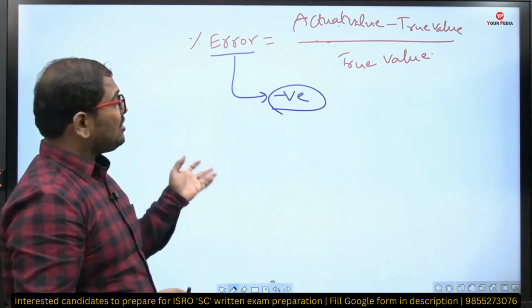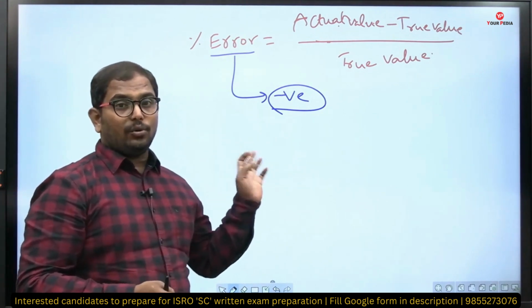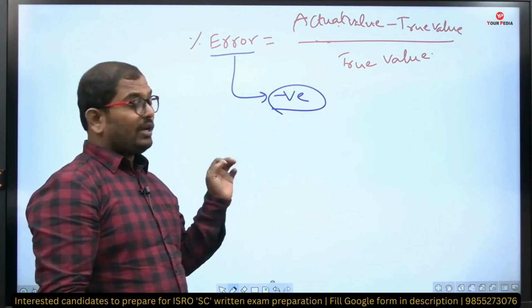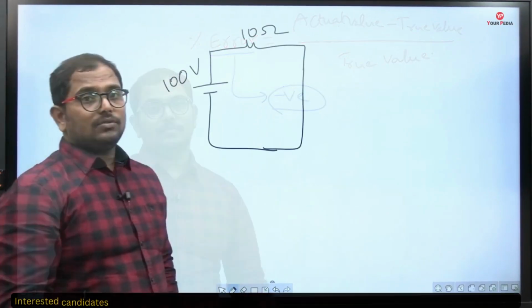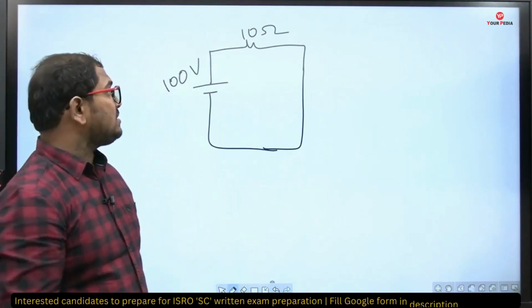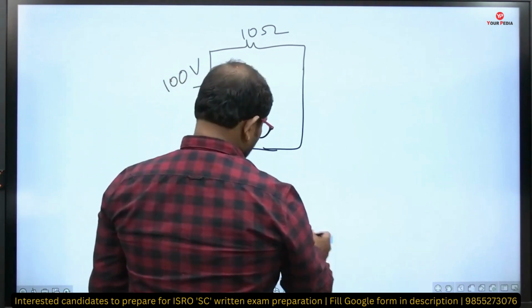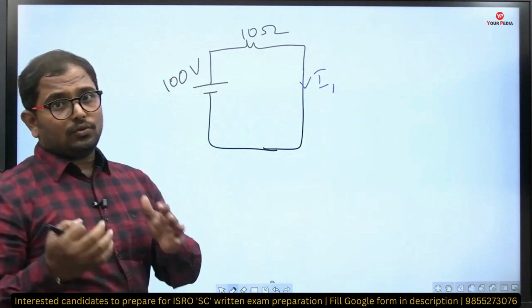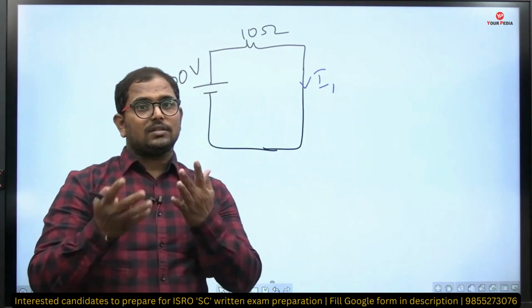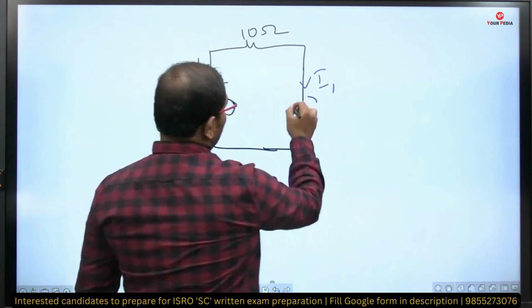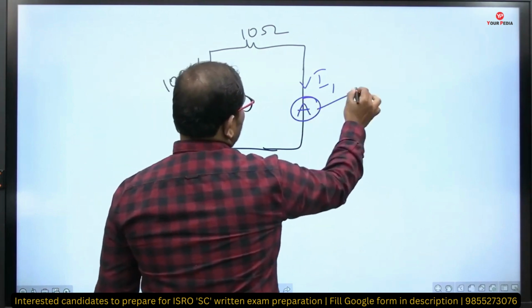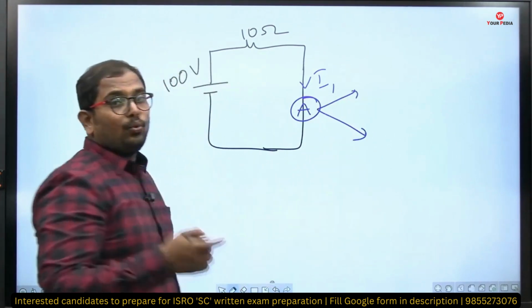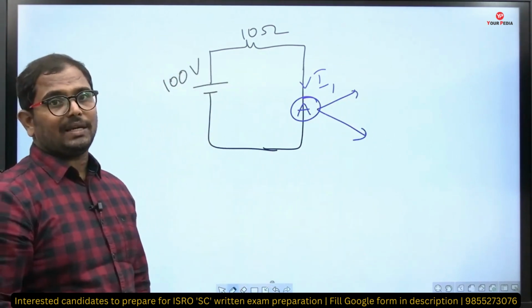Now let's solve some problems regarding this loading effect concept. This is the problem we just introduced, and we need to measure the current flowing here. To measure the current, there is an ammeter requirement here. If I connect an ammeter, you have two cases: one is the ideal case, another is the practical case.